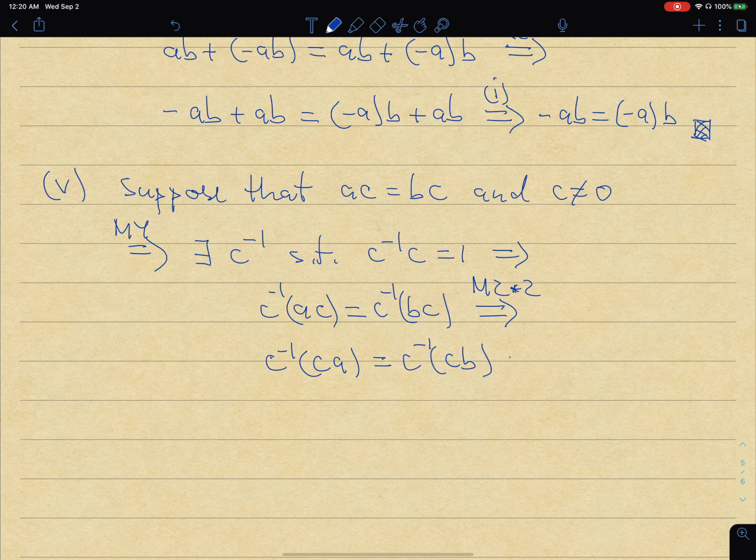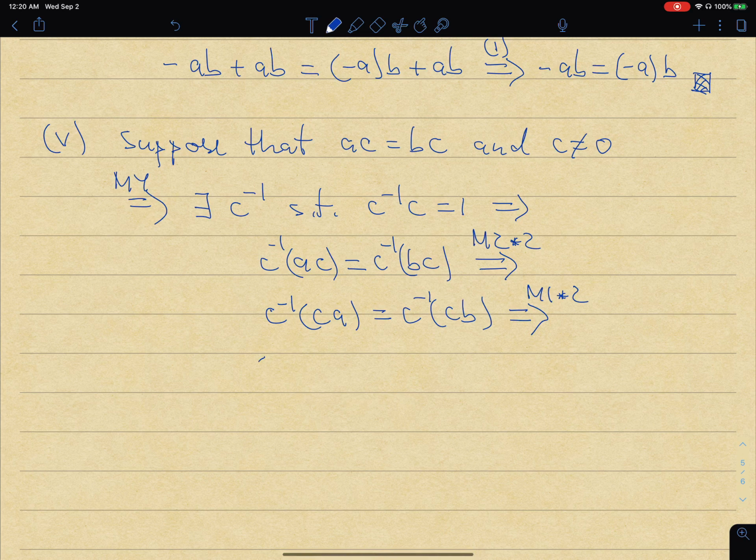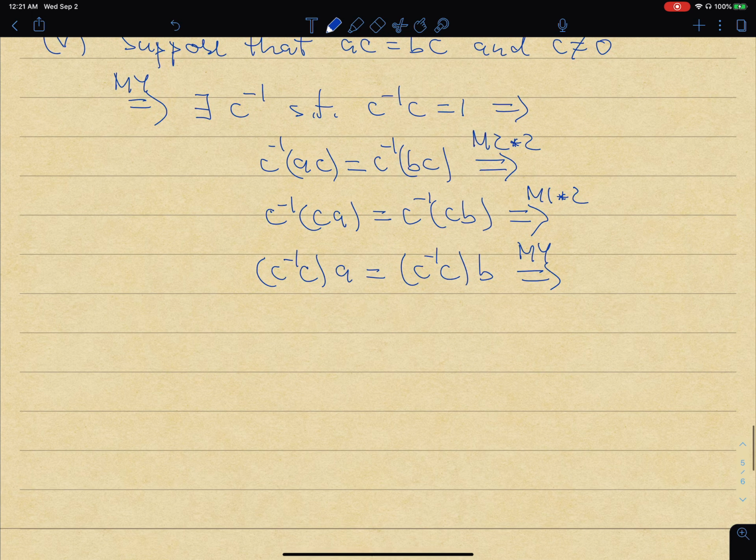So I have that. And then I can use associative law twice. So M1 times 2. And this will imply that I have C inverse times C, times A, and this is the same thing as C inverse times C, times B. But then a product of C inverse and C, that is M4 again, is 1.